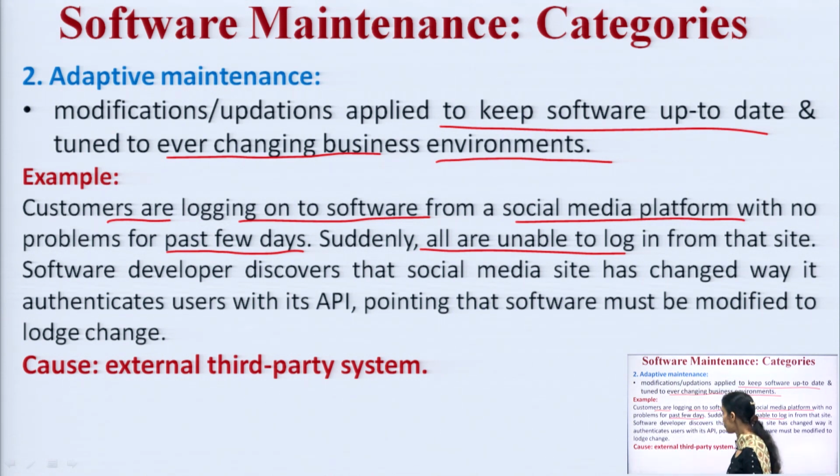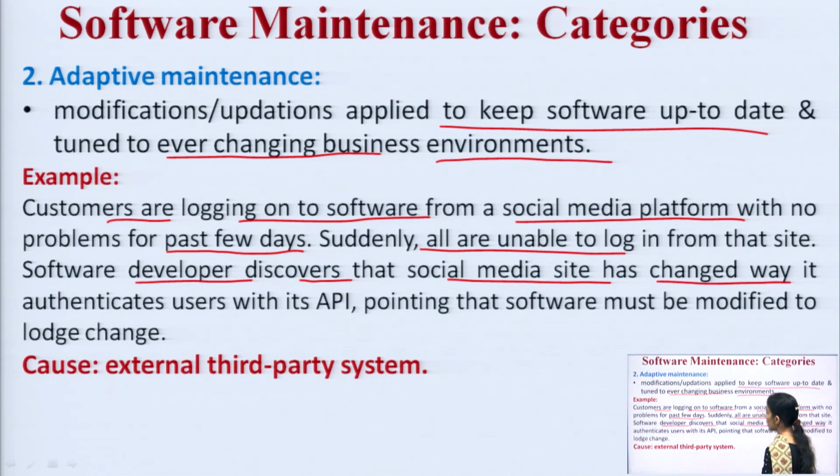Now, the software developer discovers that the social media site has changed its way of authenticating the user with its API. Because of this change in the authentication way and the API, the users are not able to log in.